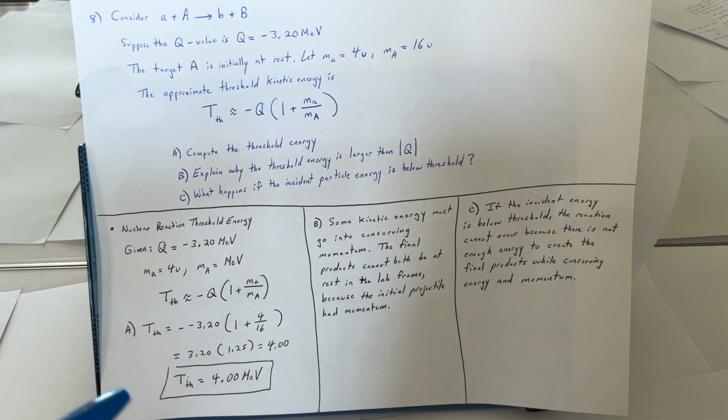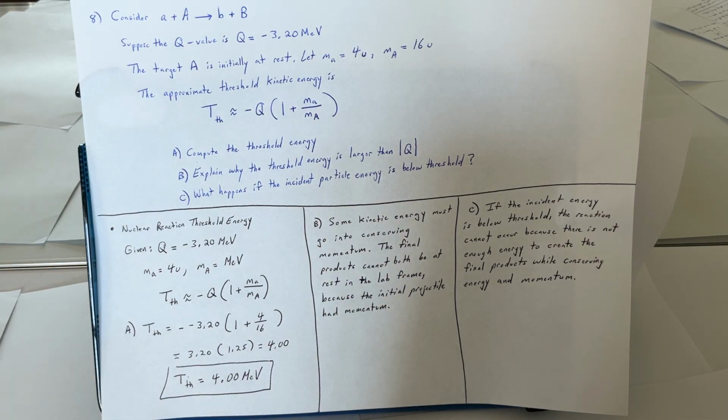So that threshold energy is 4.00 MeV. Part B, explain why the threshold energy is larger than the absolute value of Q. So B, some kinetic energy must go into conserving momentum. The final products cannot both be at rest in the lab frame because the initial projectile had momentum.